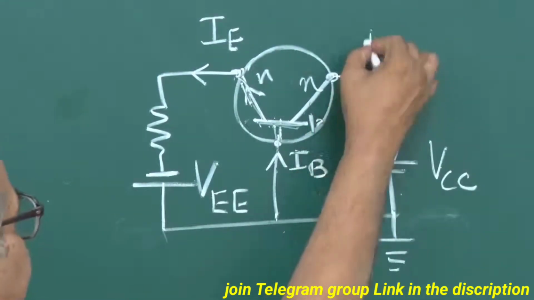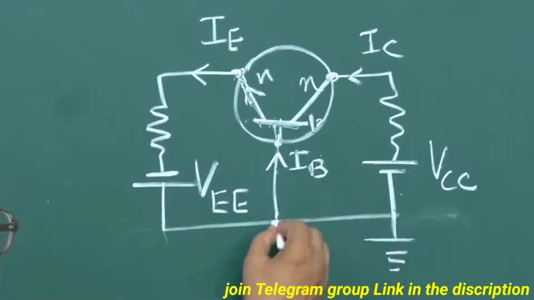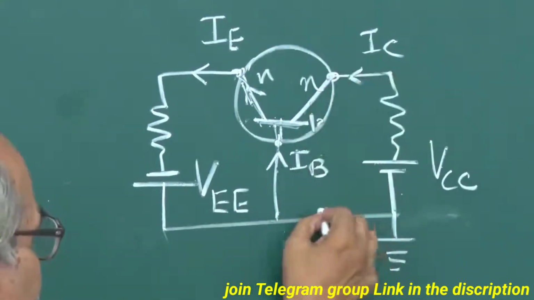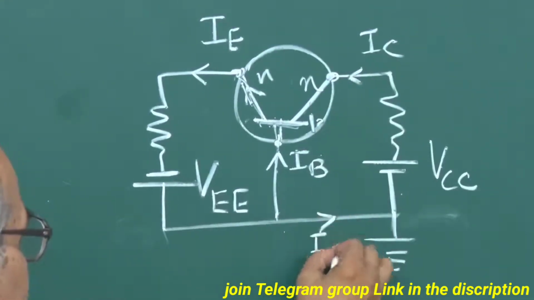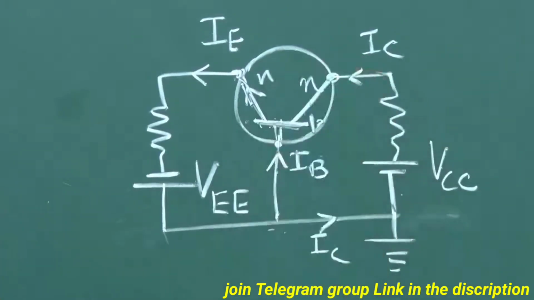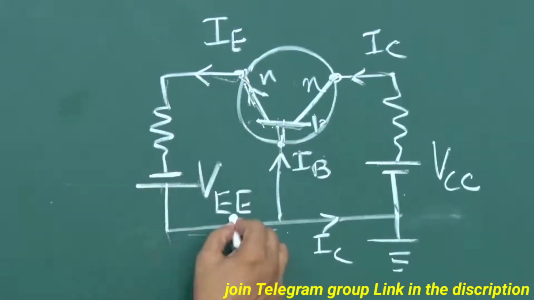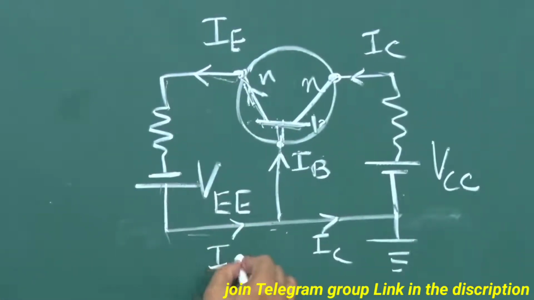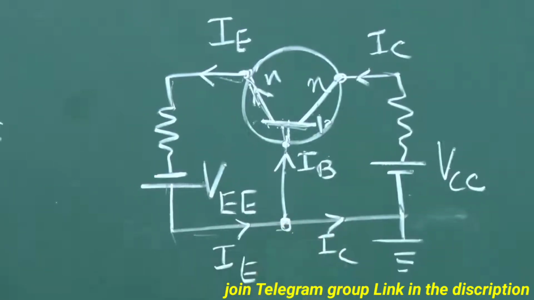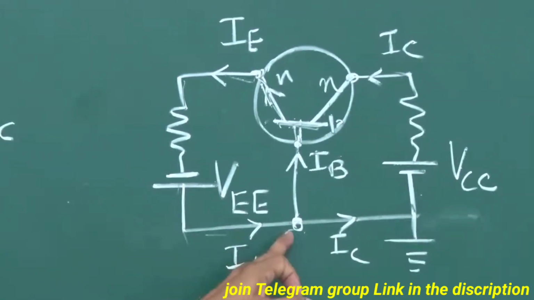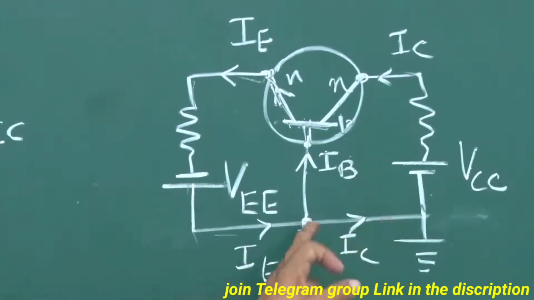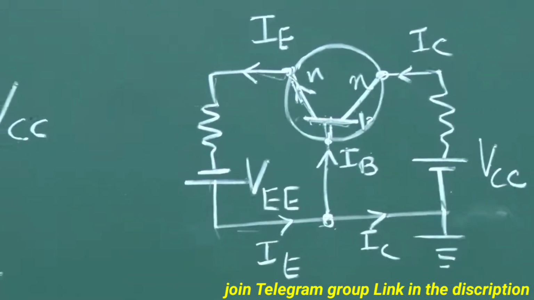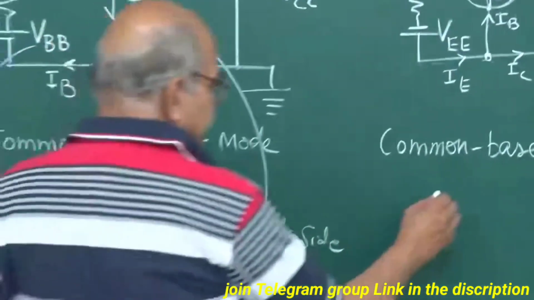So what you see is this IC current must have gone from here, because this is one series and this IE is one series, so this IE will go like this. So once again you can see that IE is equal to IC plus IB, so the same IE equals IB plus IC holds.